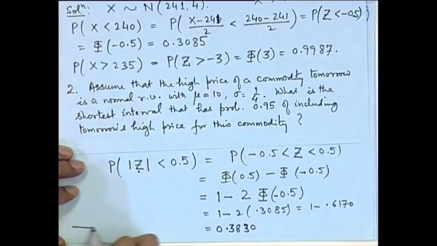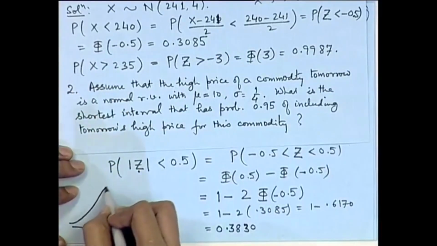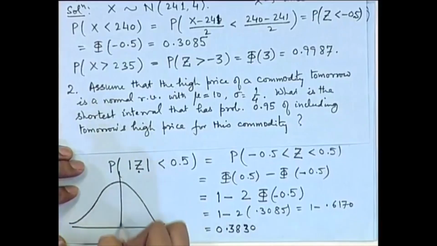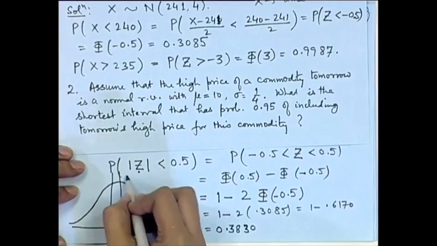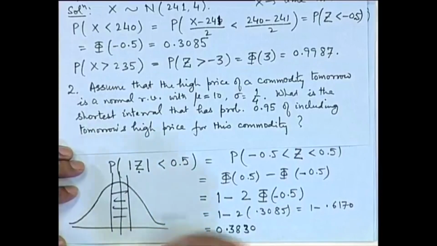That means, within a very short distance, that is minus 0.5 to 0.5 itself, almost 40% of the probability is concentrated.